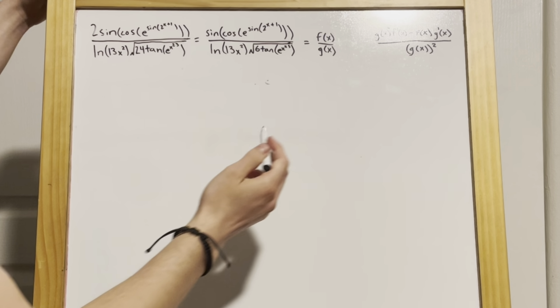We're going to use chain rule like crazy here. The derivative of sine is cosine. Plop all the inside down.